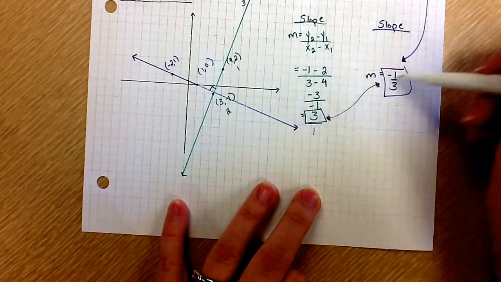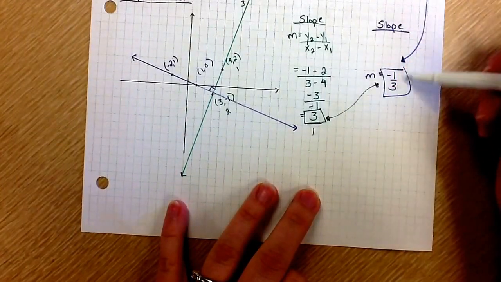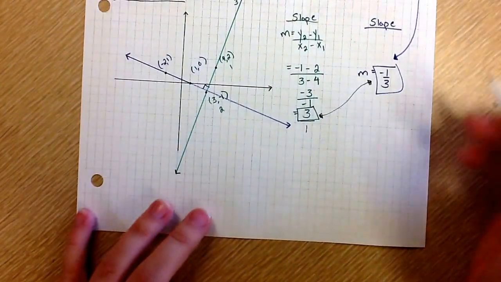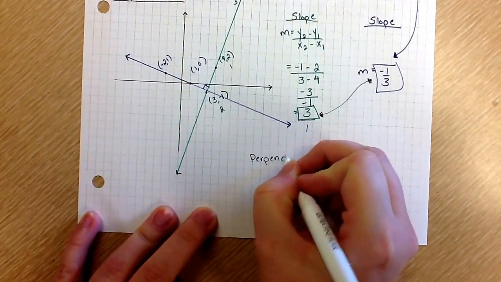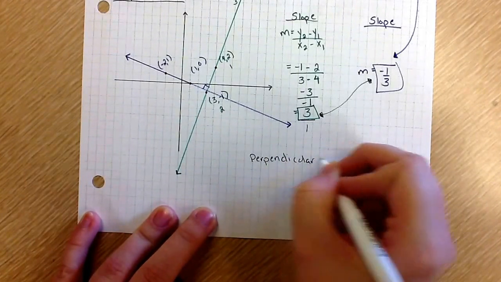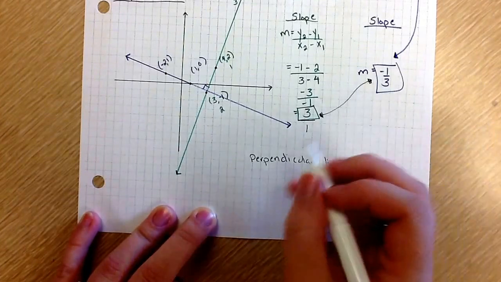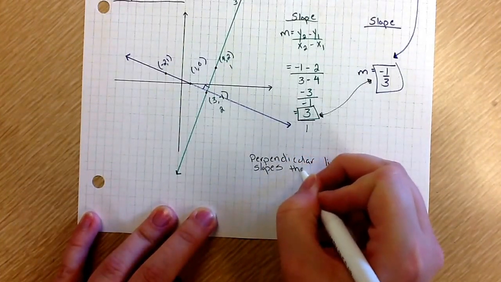So it looks like there are different signs, negative and positive, and they're the flip. And the word for that is reciprocal. So perpendicular lines have slopes that are negative reciprocals.